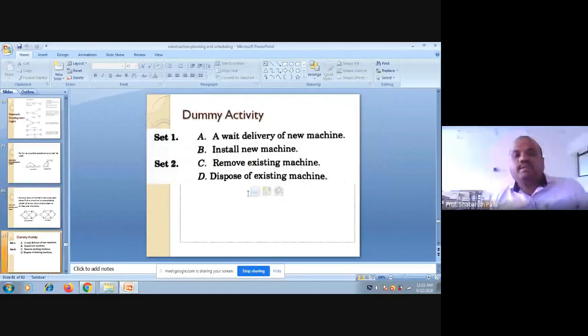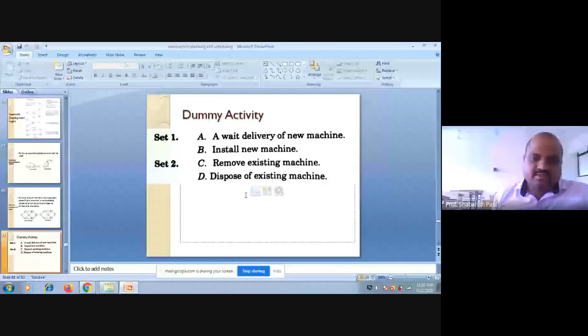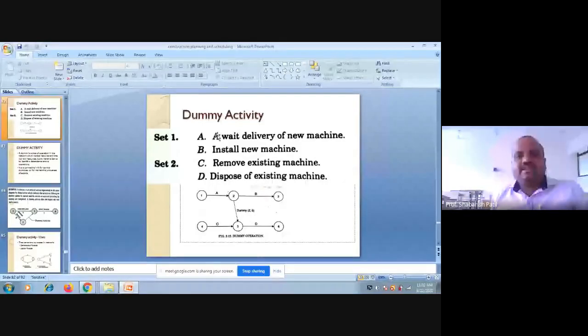So, dummy activity. Okay, so I'll go with the slide here. I have some set of activities. There is an industry which is performing some production with some equipment, and they are planning to purchase a new equipment. In that case, there are some activities listed. Set one activities are A and B. A stands for awaiting delivery of a new machine.